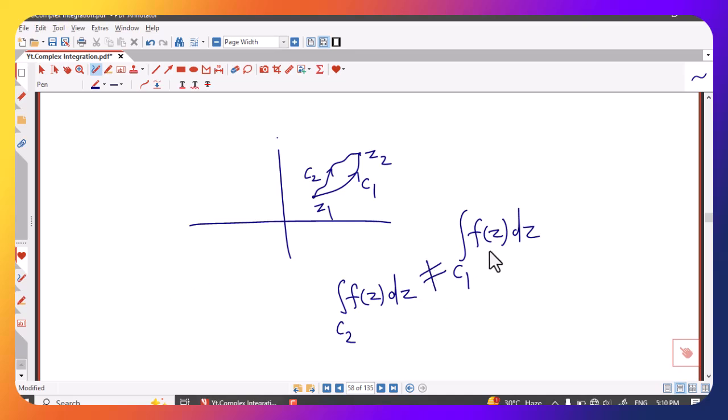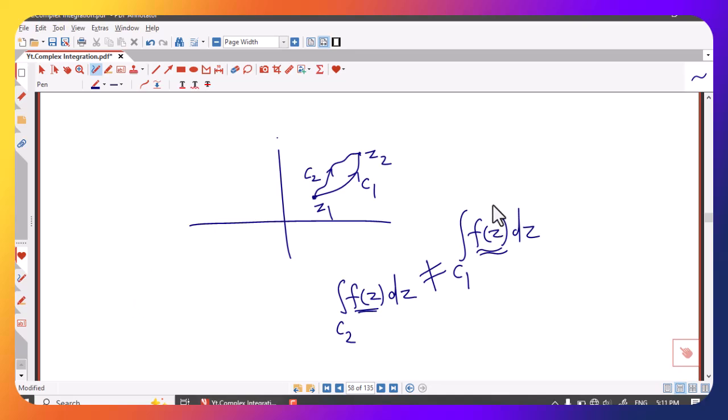That is, the contour integral depends on the path of integration between 2 points, but sometimes for special type of functions, if we integrate along any path between 2 points, then we get the same answer.